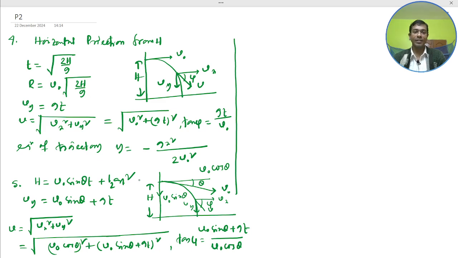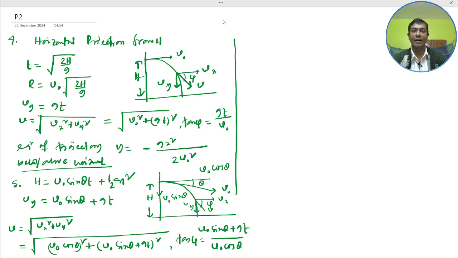This is below horizon and this is above horizon, just the same case, so for below or above horizontal case this is the plus minus, and all are the same.